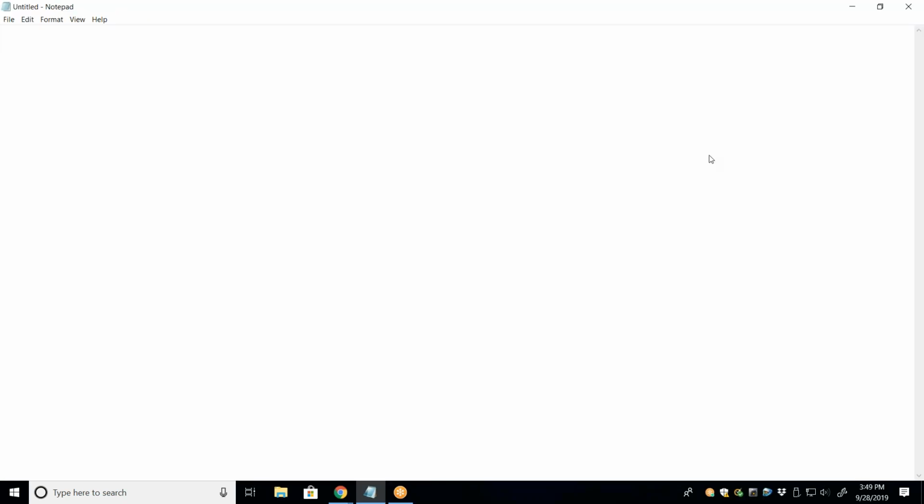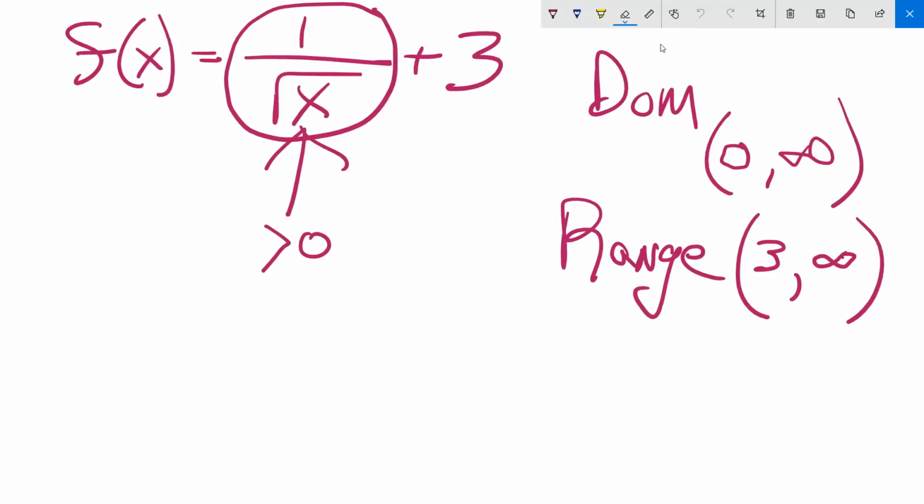Let me just write here to explain. In other words, if I have an elementary function like this, well, I can transform that a lot. That would be a translation of it.